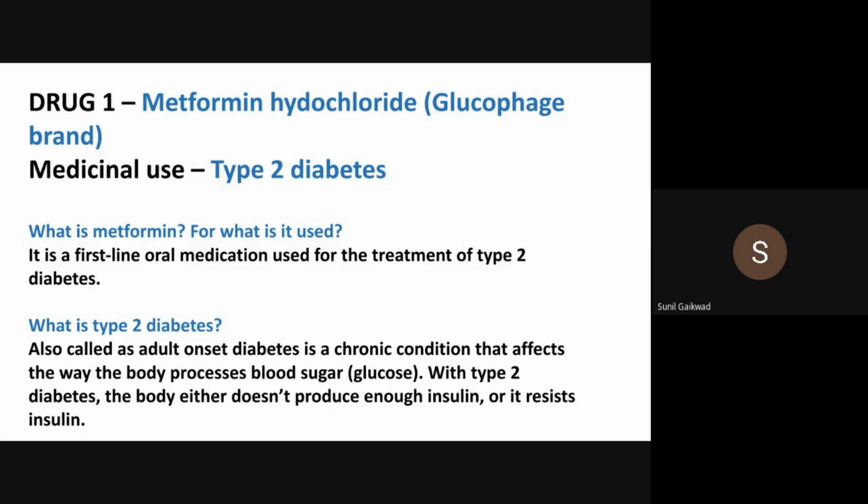The normal blood glucose level is basically 45 to 95 milligram per 100 ml of blood. Beyond 160 milligram per 100 ml of blood, it is not absorbed in your nephrons and goes into the urine, and the patient is detected as diabetic. So that is the difference.